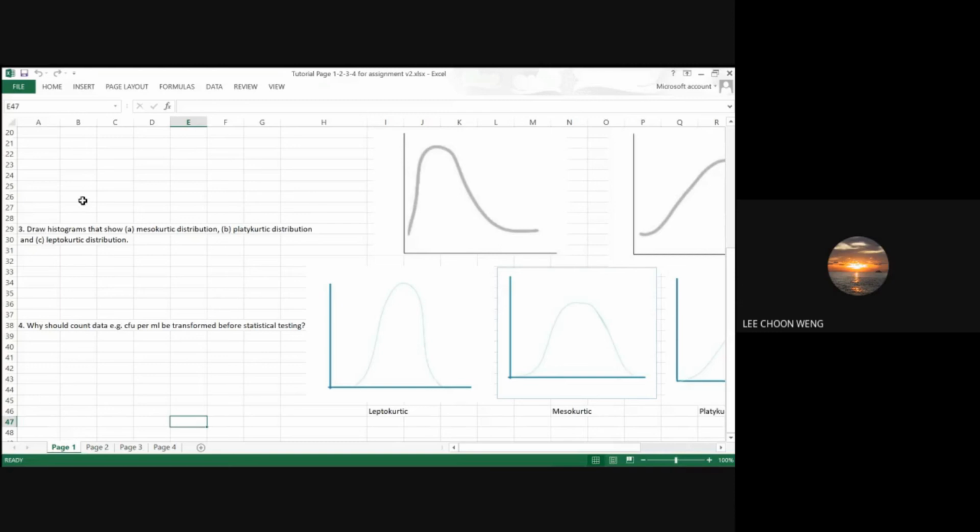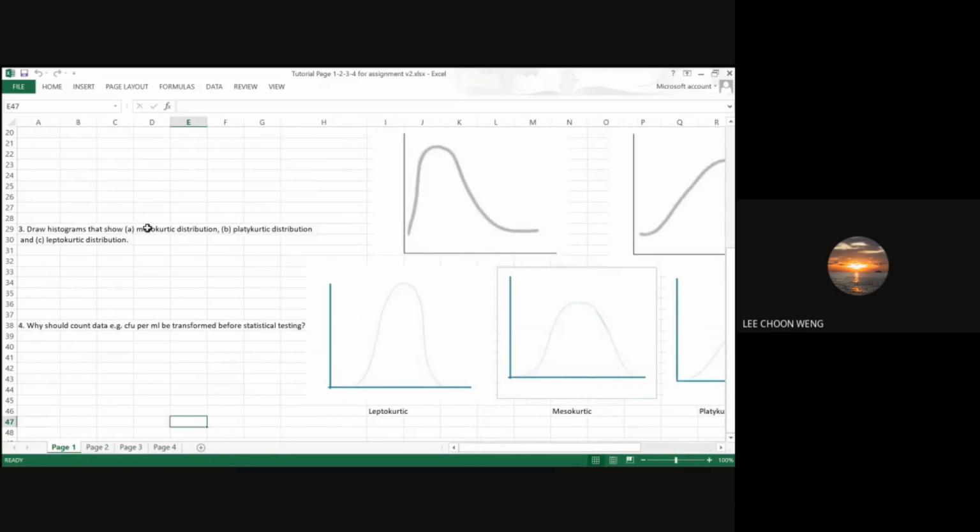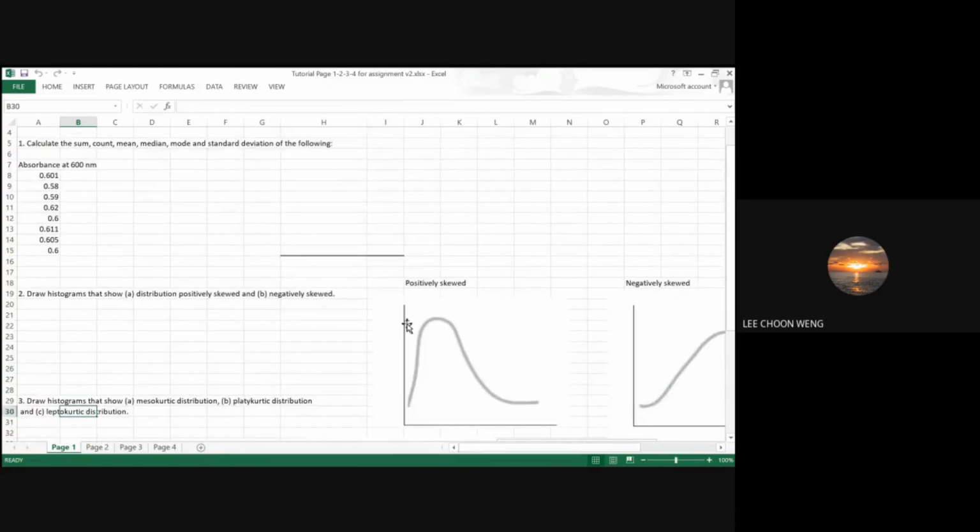And for histograms showing different kinds of distribution, as I mentioned, mesokurtic is your normal distribution, leptokurtic is sharper, and platykurtic is flat. So that's the difference between mesokurtic, platykurtic, and leptokurtic, and also the difference between positively skewed and negatively skewed.